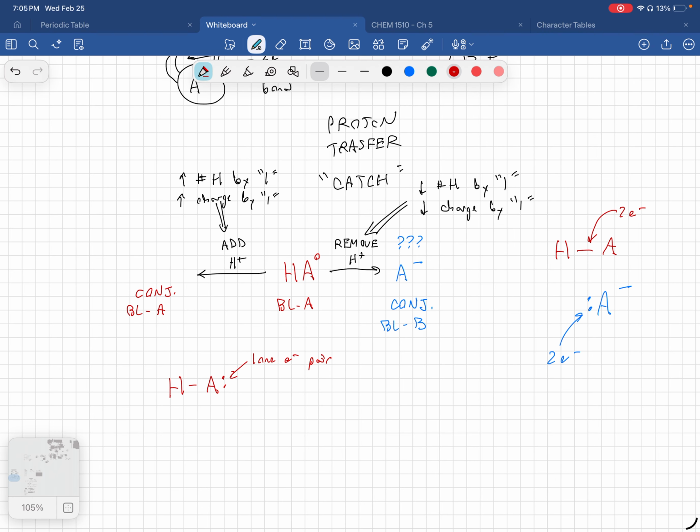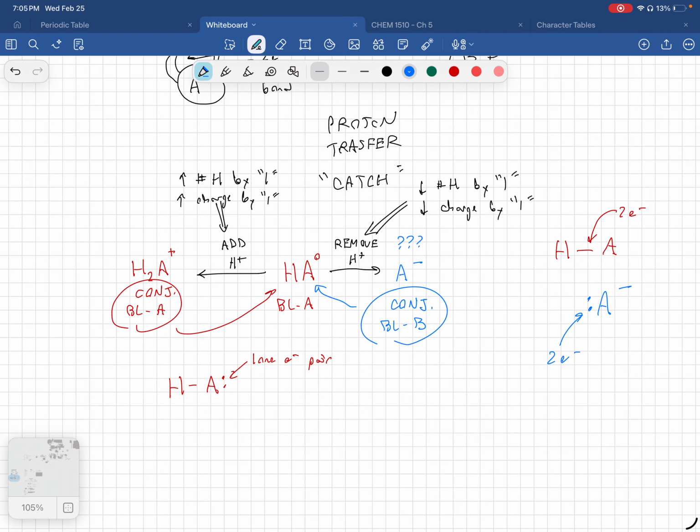So if we add a proton, we increase the hydrogen count by 1, so it becomes H2A, and we increase the charge by 1, from 0 up to plus 1. So H2A would be the conjugate acid of HA. This is the conjugate base of HA.